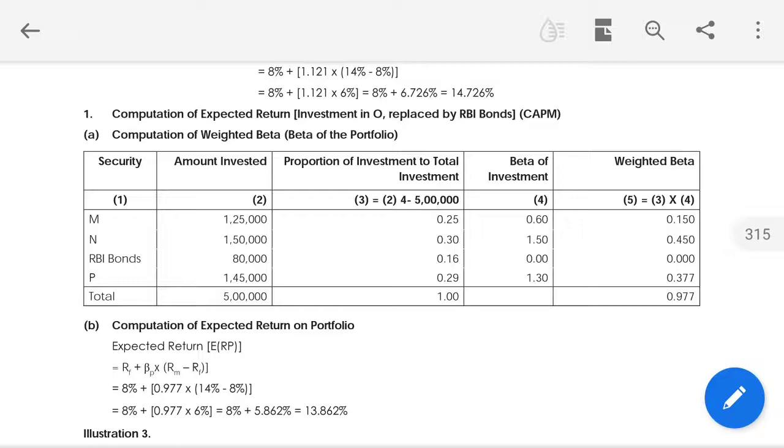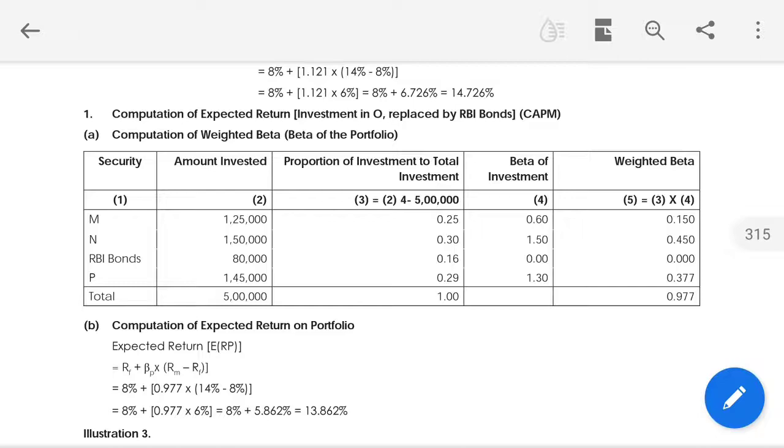So the formula is expected return on portfolio E of RP is equal to risk-free return plus undiversifiable risk of portfolio into market return minus risk-free return.